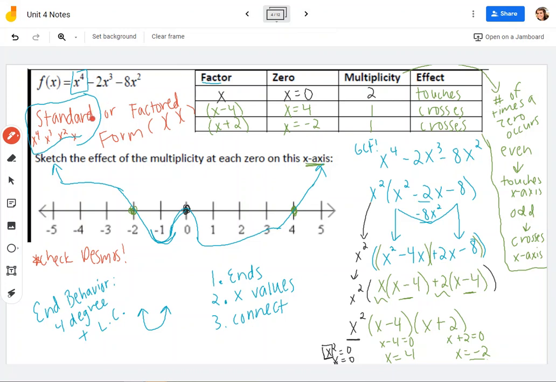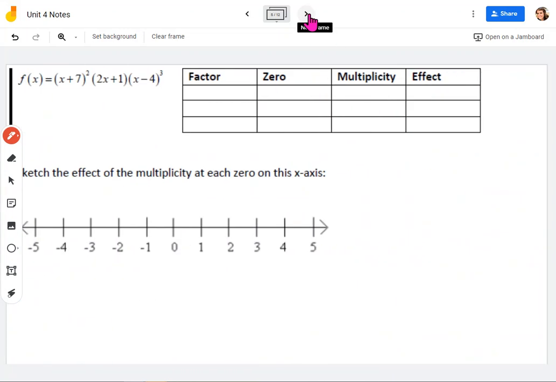So this was in standard form, but here's the same example where we see it's already in parentheses. So we have factored form here. So we don't need to factor this. It's already in factored form, which means it's a little bit easier because there's a little less work to do. So these are our factors. We have x plus 7. We have 2x plus 1.